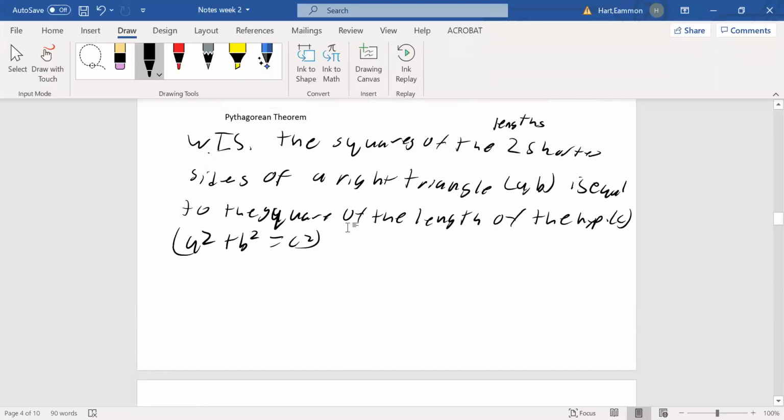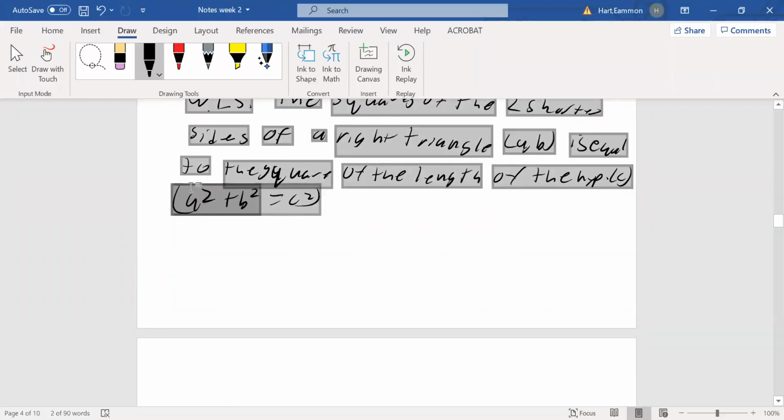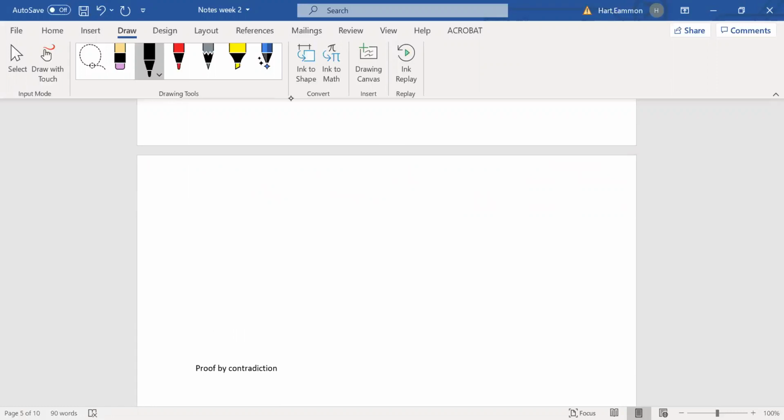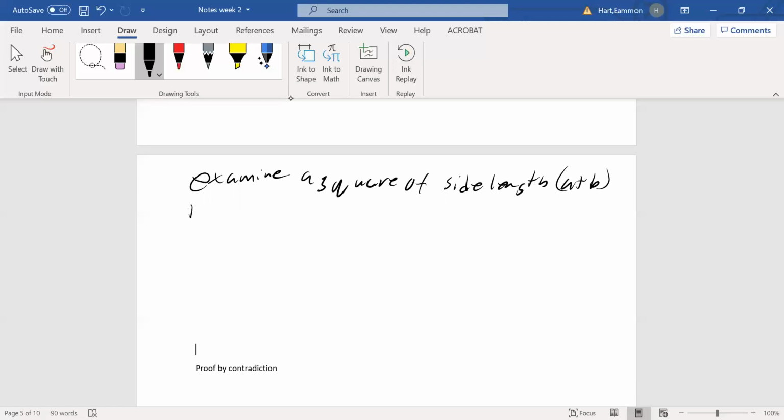First, we're going to examine a square of side length A plus B. So right here, perfect square, absolutely flawless.